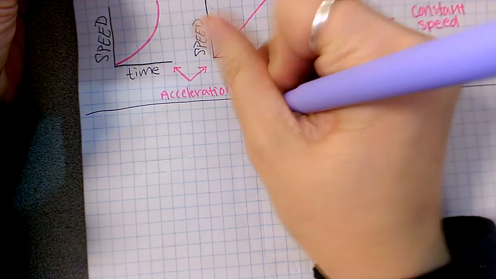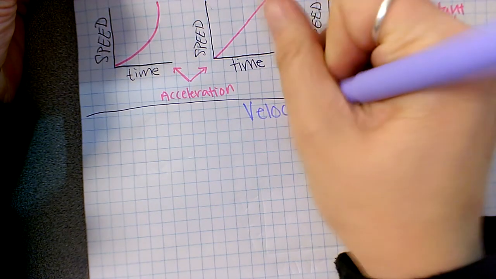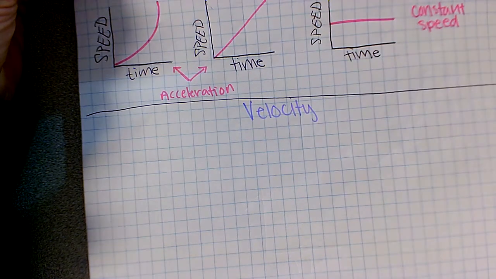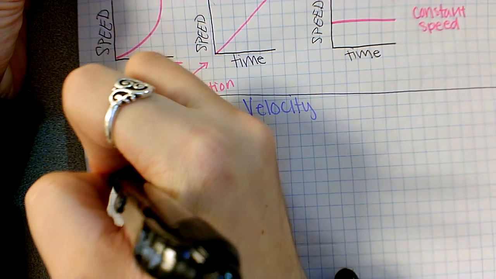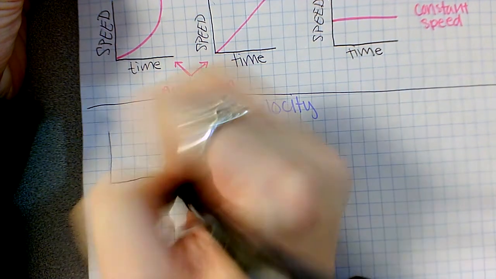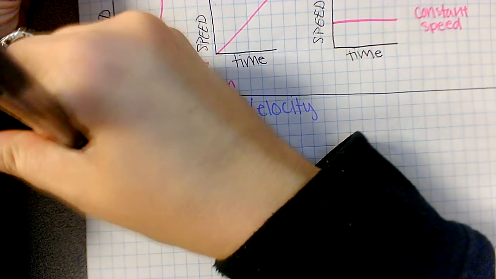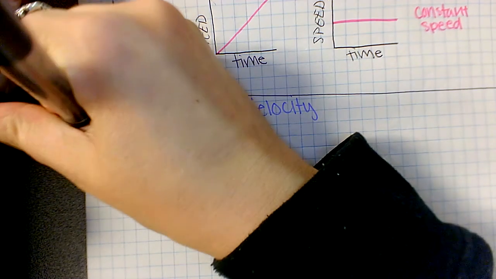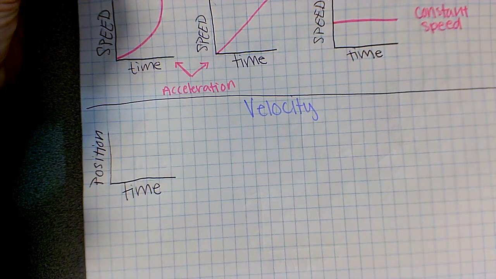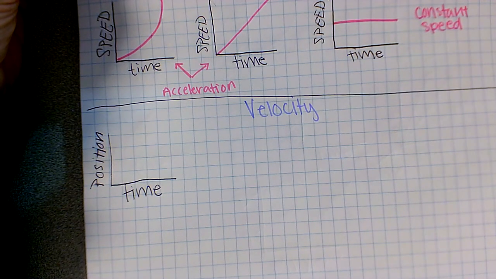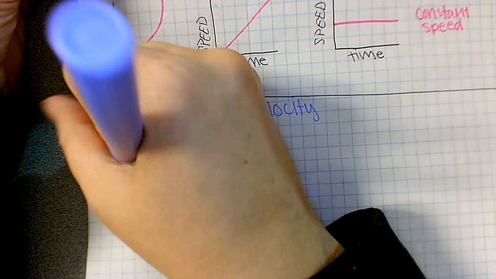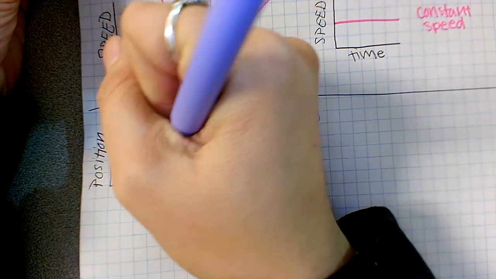Alright, so these are velocity graphs. So velocity is a change in position over time. Okay? And graphs keep getting sloppier. It's very concerning. Okay?